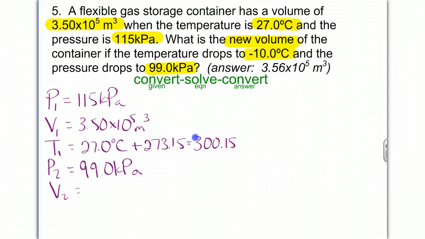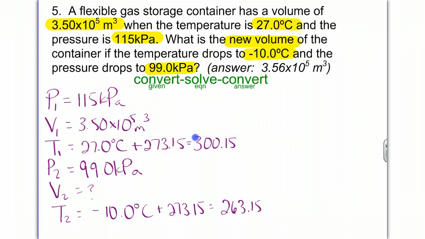My V2 is what I'm trying to find, and my T2 is -10.0 degrees Celsius. Immediately add 273.15, which is going to give me 263.15 Kelvin.